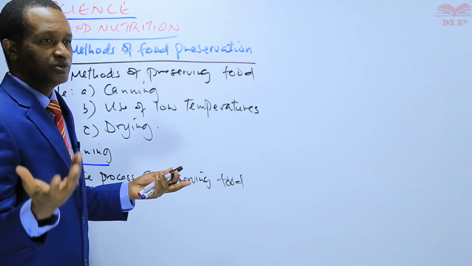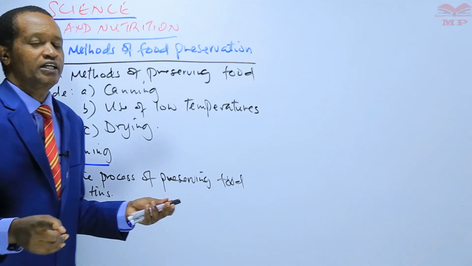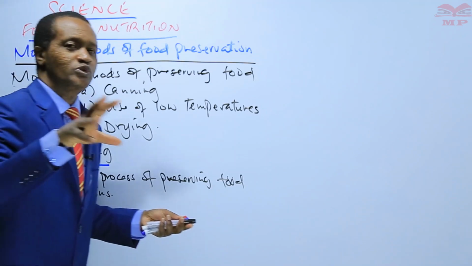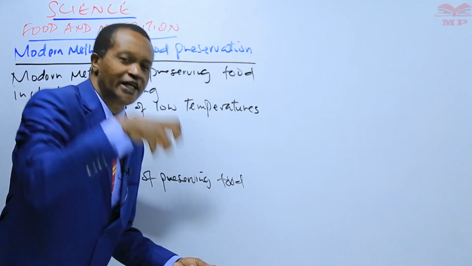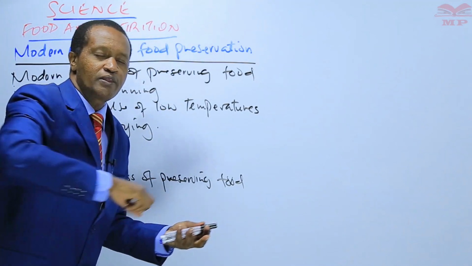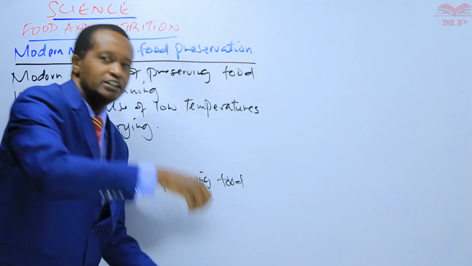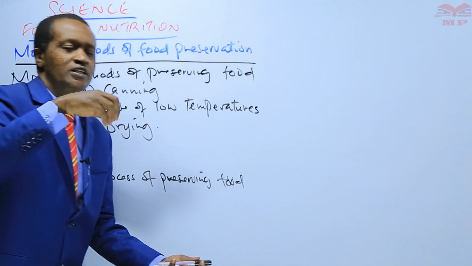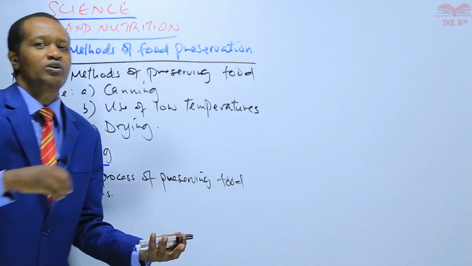It's the same way we do in traditional methods, learners. We use honey. Food is dipped in honey so that the food is covered in a basket full of honey, immersed in honey, so that that food cannot come into contact with germs or the air.